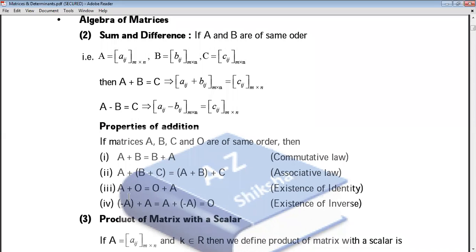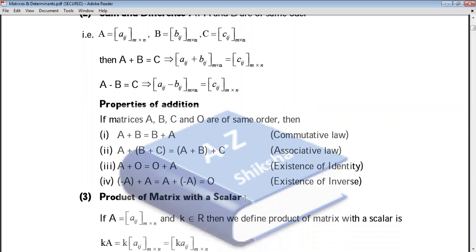Third, if you add a matrix with the zero matrix, which is nothing but the identity here, you will get the same matrix. Similarly, if you add the inverse of a matrix, that is minus A, with the matrix, you will get a zero matrix. Okay, so these are the properties.